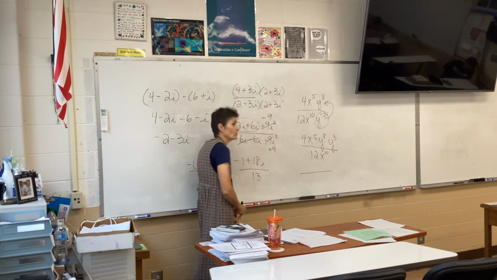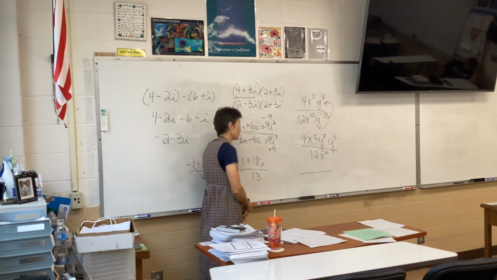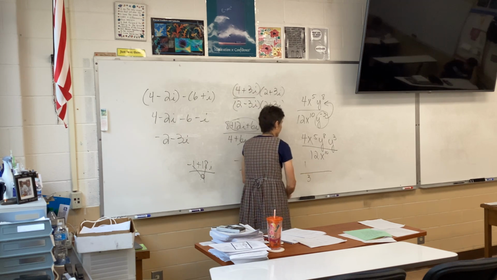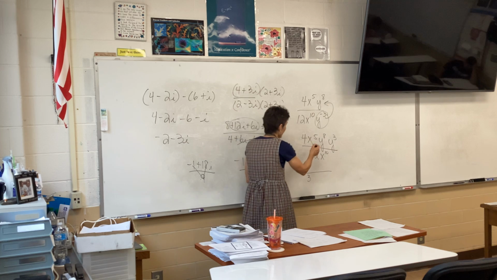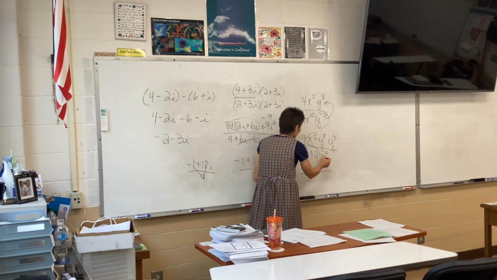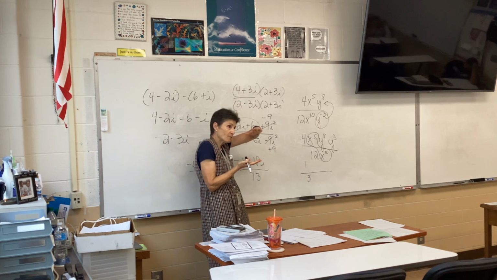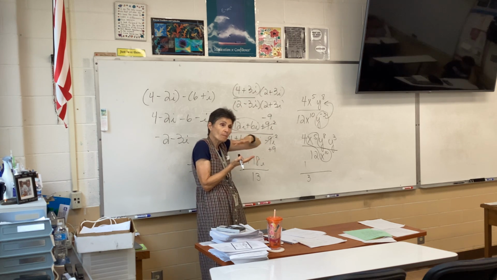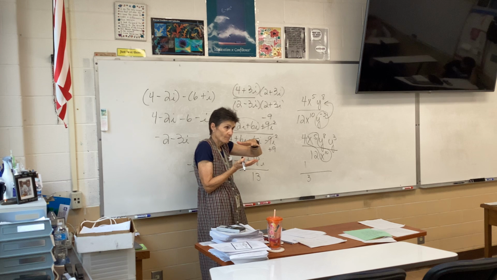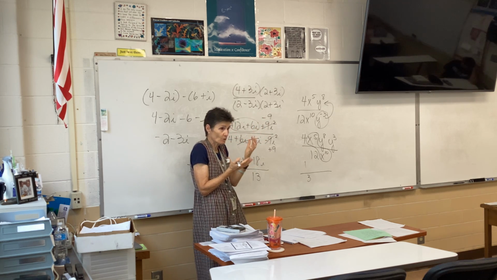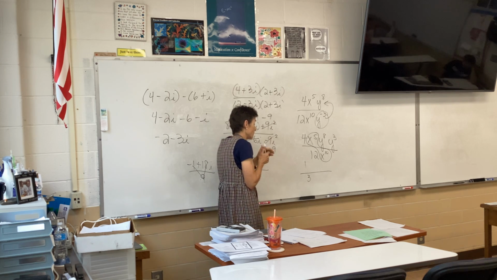Can I cancel 4 and 12 into 1/3? Now look at your x's, guys. Think about the situation. They're on top of each other. So some are going to cancel. Not all of them, right? There are gonna be some leftovers. Where are the leftovers gonna be?